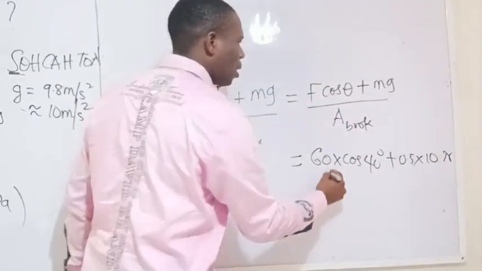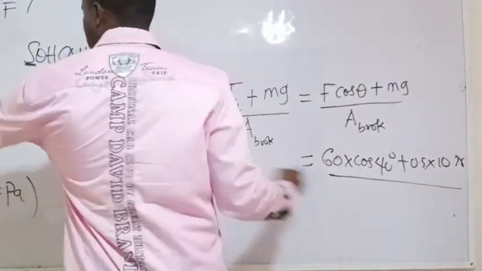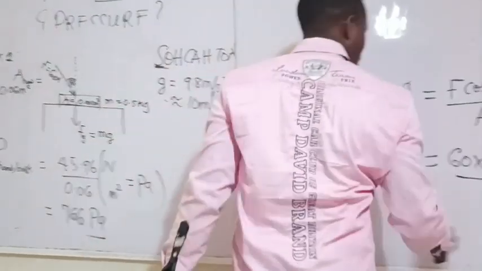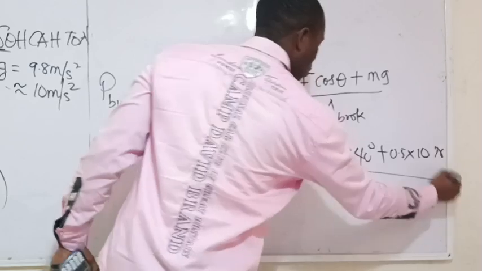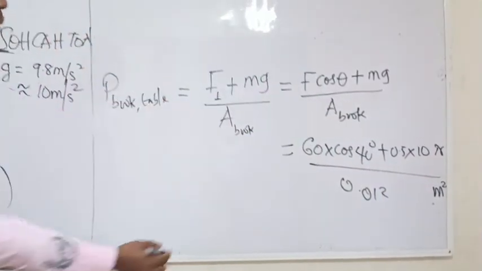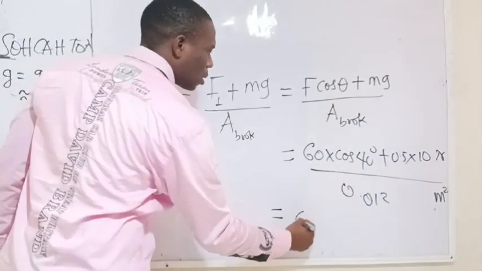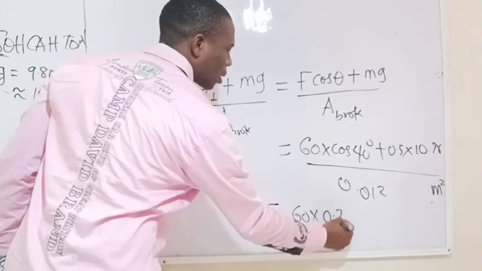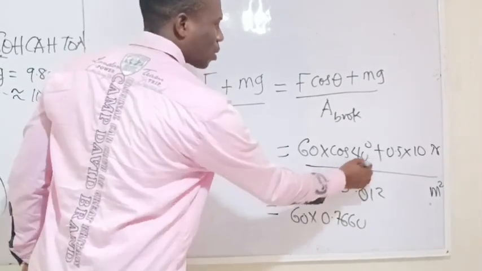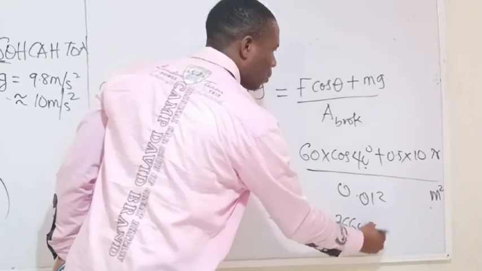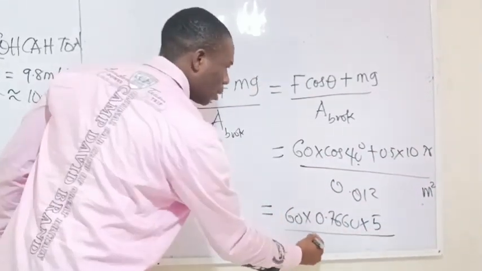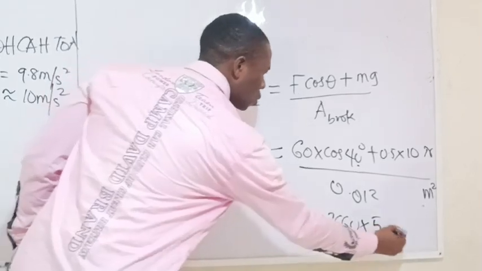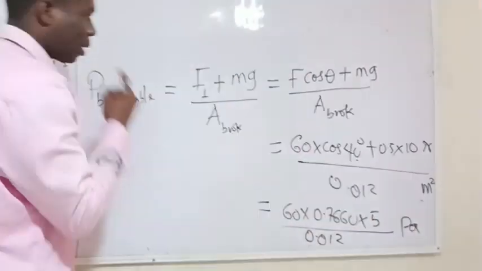I'm dividing by the area, 0.012 square meter. So this comes out to be 60 times 0.7660, which is the cosine of 40, plus 0.5 times 10, which gives 5, divided by 0.012, and this would come out in Pascal.